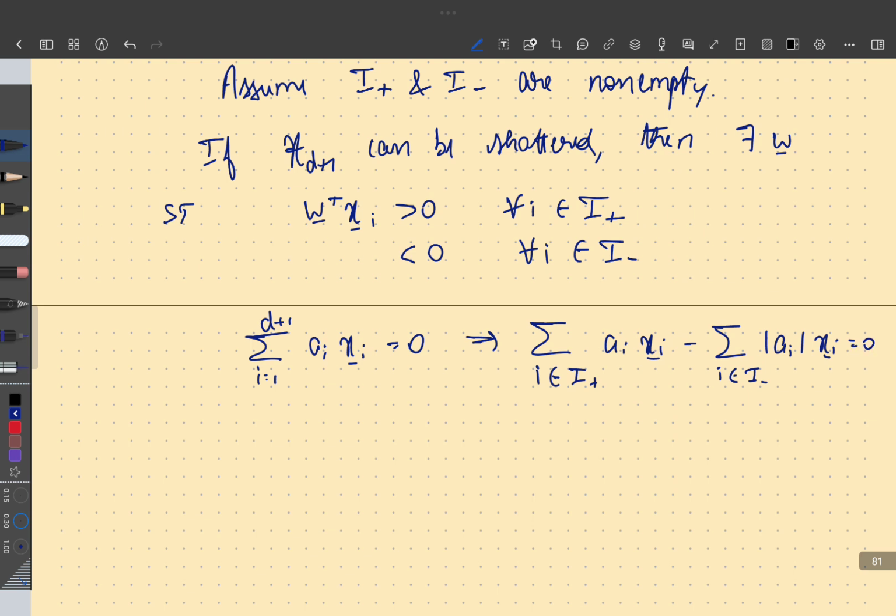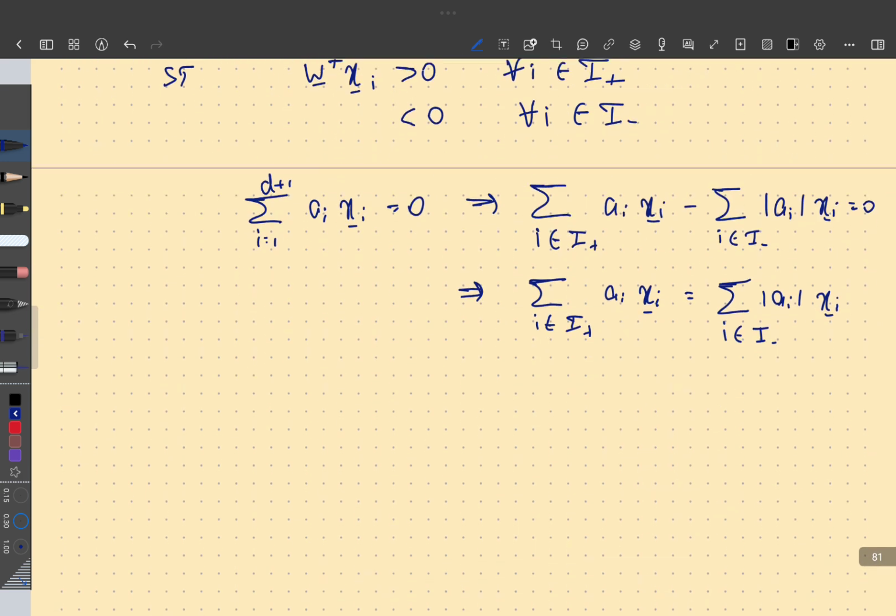This is equal to 0. So the sum over i in I plus of ai xi should be equal to the summation over i in I minus of mod ai xi. Let's call that equation 1.